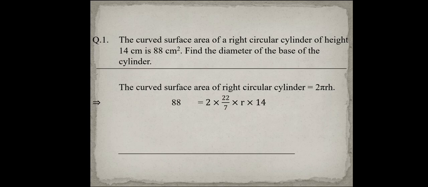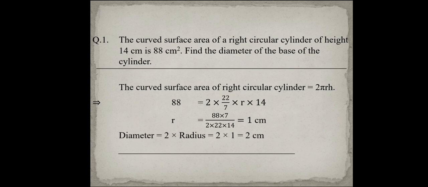So radius, by cross multiplying these values, is 88 into 7 upon 2 into 22 into 14, that is equal to 1 centimeter. Now diameter is double of radius. So double of radius is 2 into 1, 2 centimeter. Therefore the diameter of the base of the cylinder is 2 centimeter.